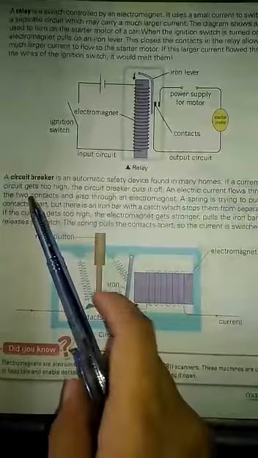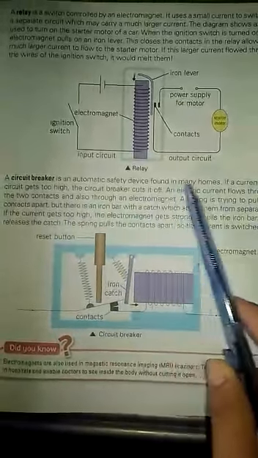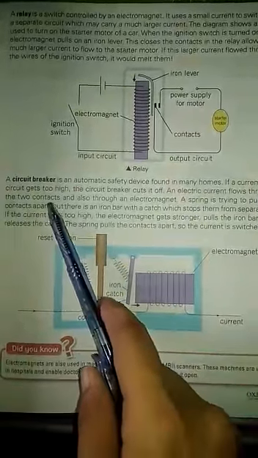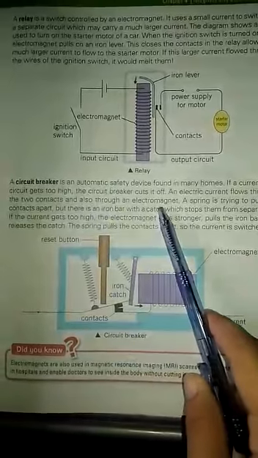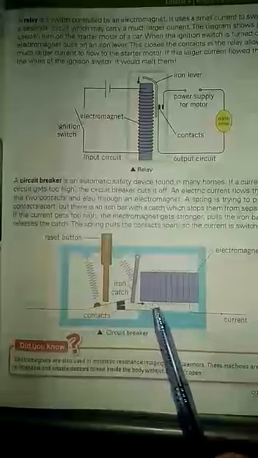If the current in a circuit gets too high, the circuit breaker cuts it off. An electric current flows through the two contacts and also through an electromagnet. This is the diagram of a circuit breaker.